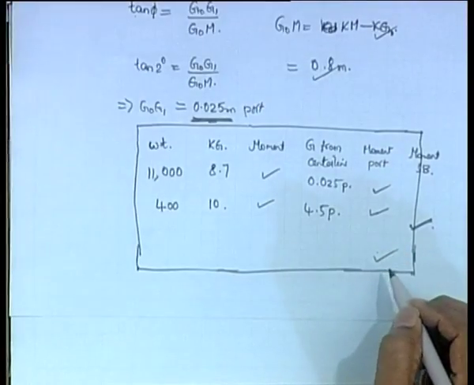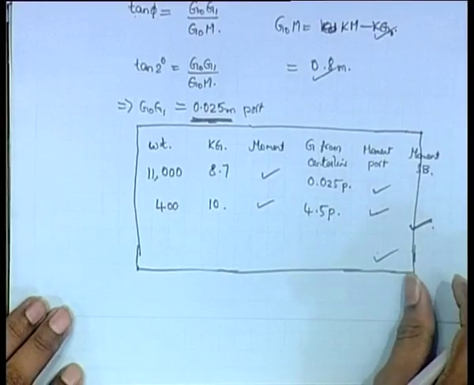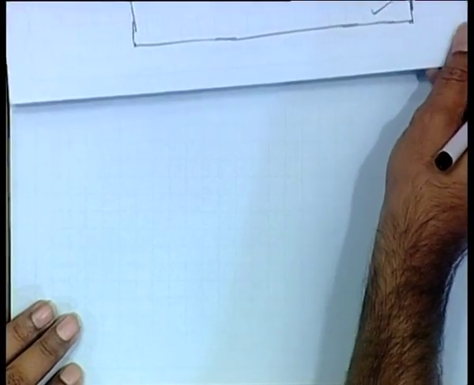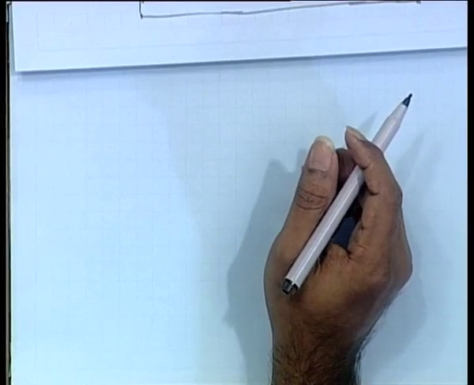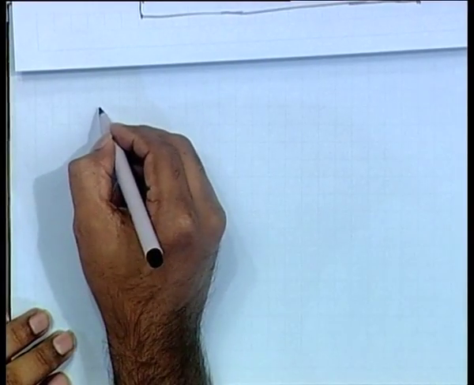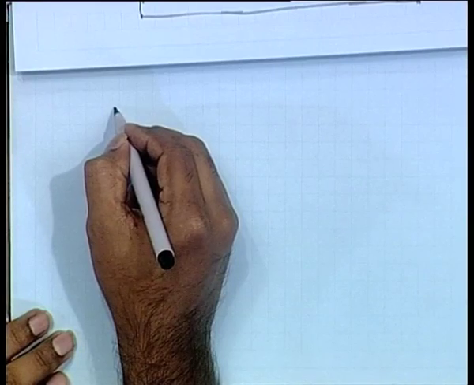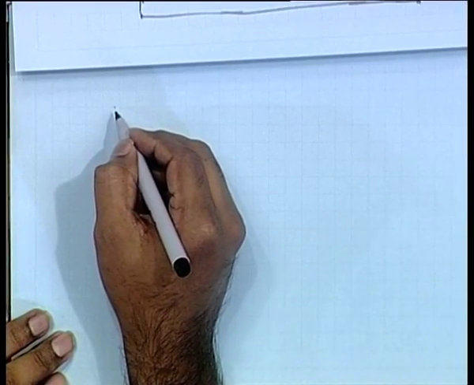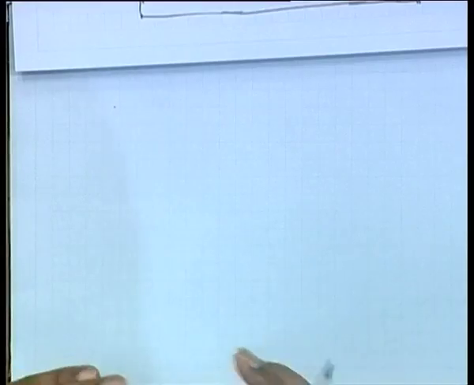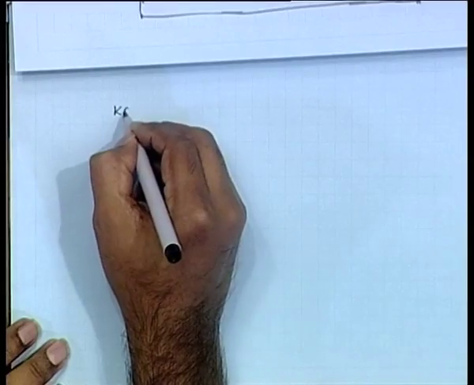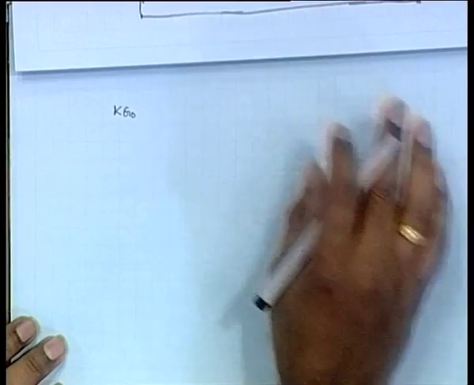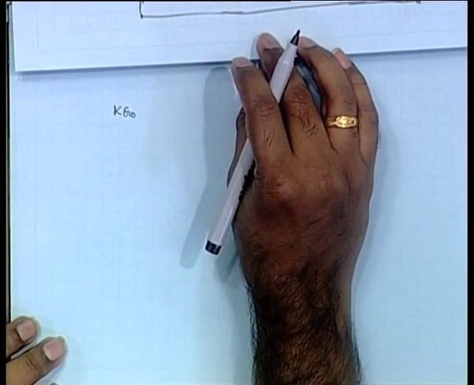Now, how do you find the total? What exactly do we need to find? First, let us find kg. It is not kg 0, it is kg actually.